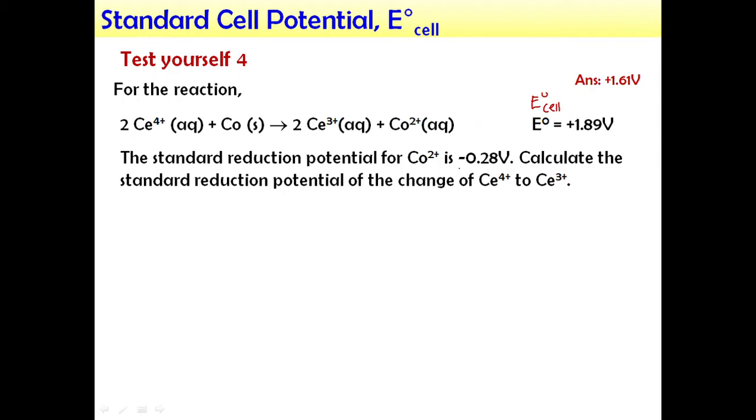So, daripada soalan ini, kita boleh nampak sebenarnya the question asks us to determine the SRP value for Ce4 plus to Ce3 plus if the SRP value for Co2 plus is this. So, awak dah ada E0 cell, awak dah ada salah satu SRP value, masih menggunakan formula yang sama.